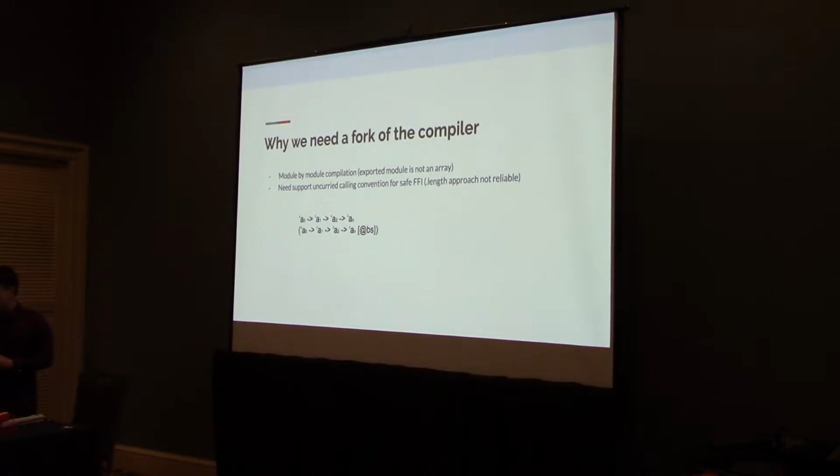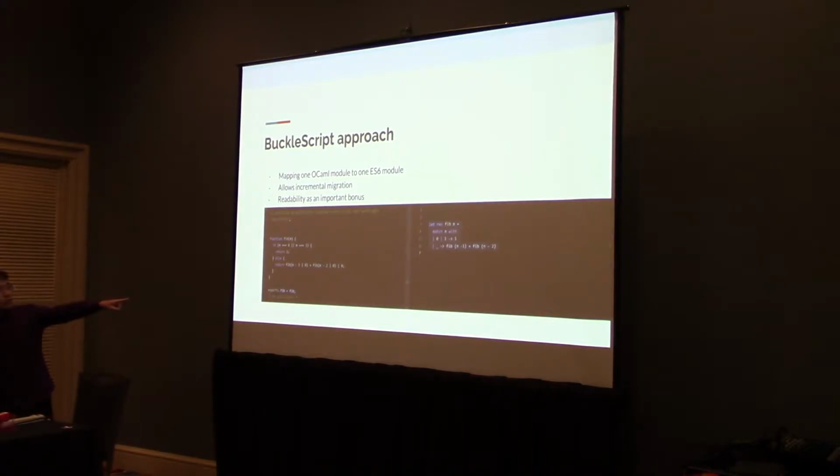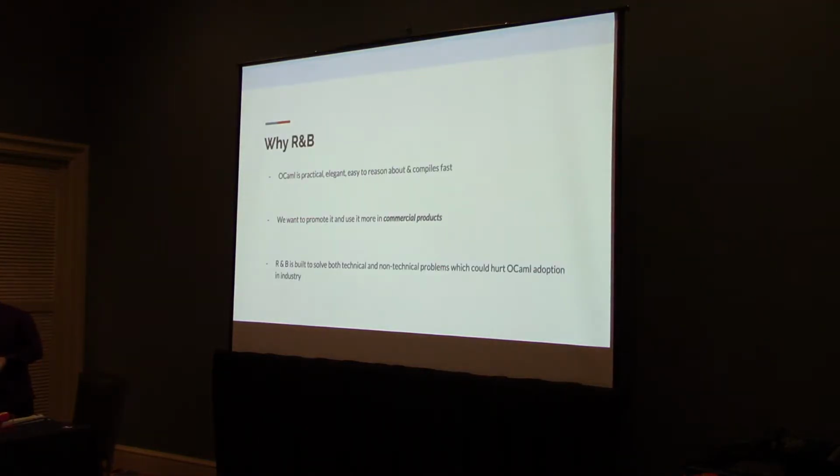Why do we need a fork of the compiler? Because there are some pieces which are missing in the existing OCaml compiler pipeline. One is module by module compilation, which you see in this file. In the internal OCaml compiler, the module is an array, but you want to compile to a dictionary, because otherwise you won't follow the JavaScript module specification.